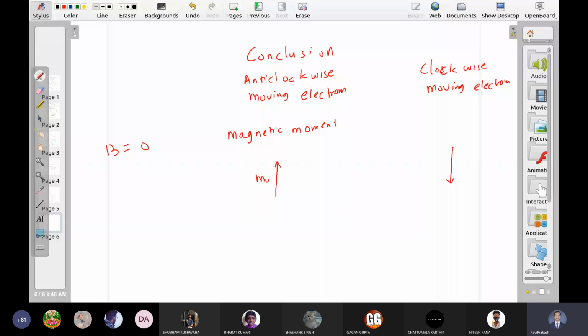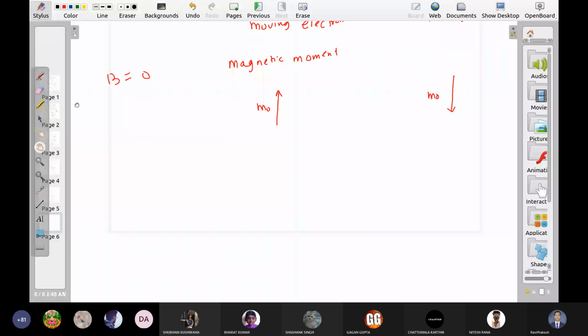Now B is not equal to 0. What is the magnetic moment here? M, direction this. What is the magnetic moment here? Let me call it M1. This becomes M2.